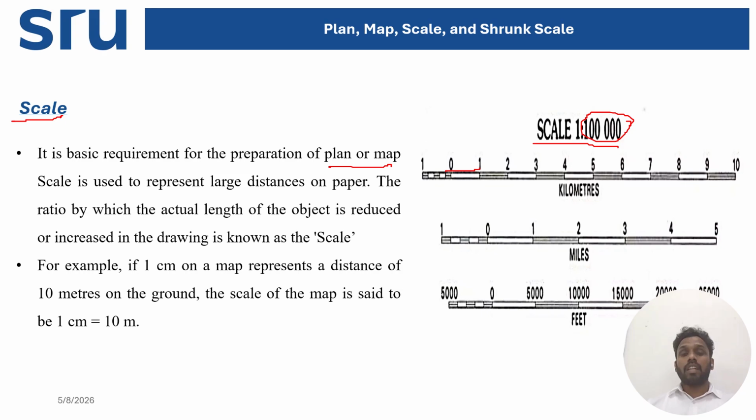So conversion of scale from your paper drawing sheet to your ground, and from your ground to drawing sheet, is called a scale. For example, if you are measuring 1 centimeter on a map and it represents 10 meters on the ground, then the scale will be 1 centimeter is equal to 10 meters.